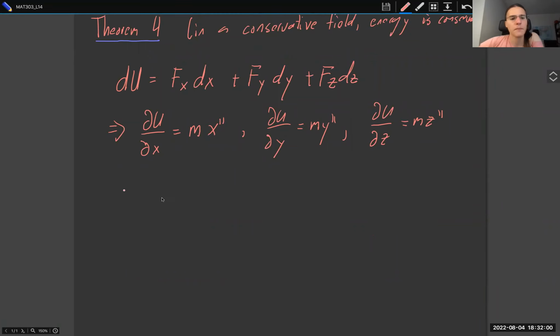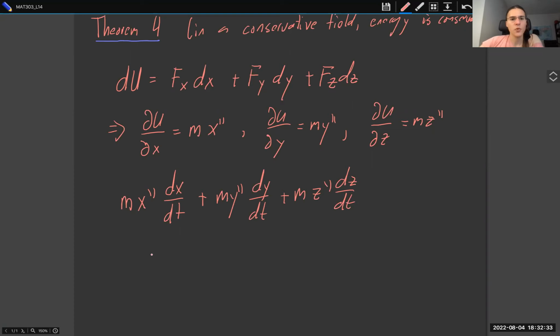The book does it in a weird way, a very engineering way, but I'm going to write m x double prime dx dt plus m y double prime dy dt plus m z double prime dz dt.